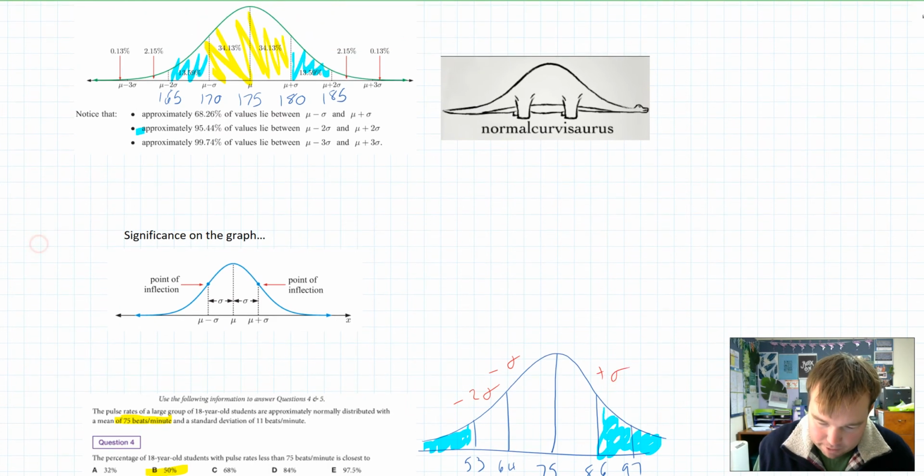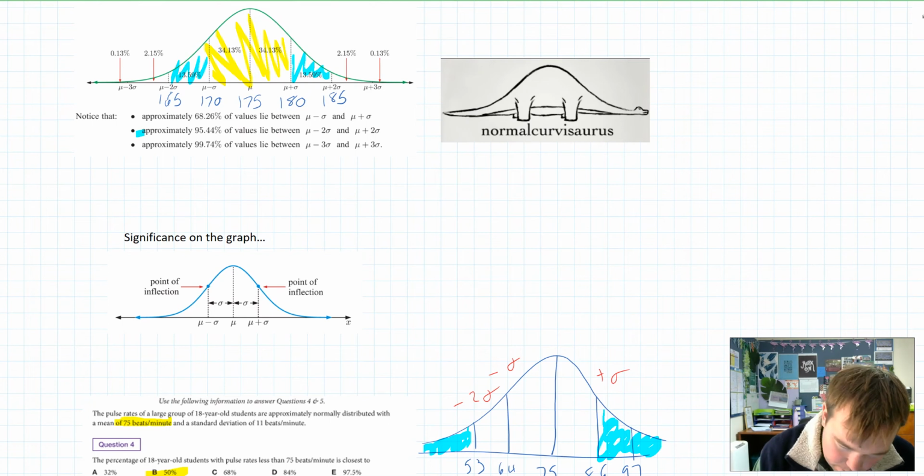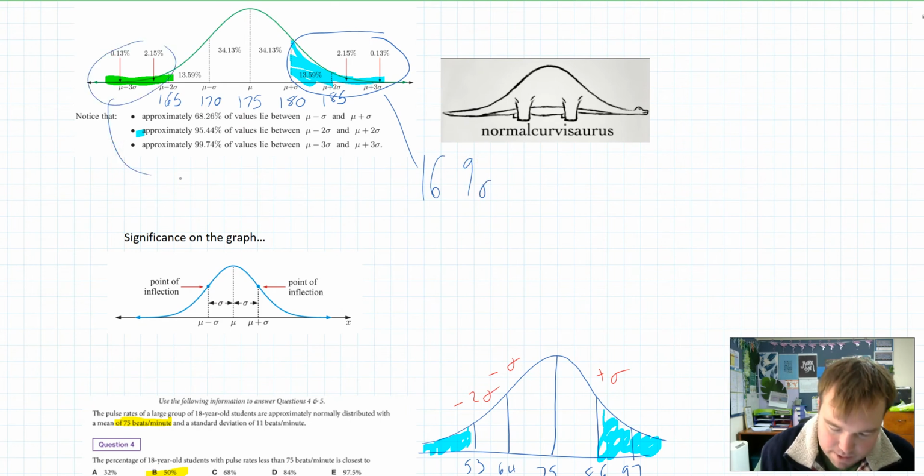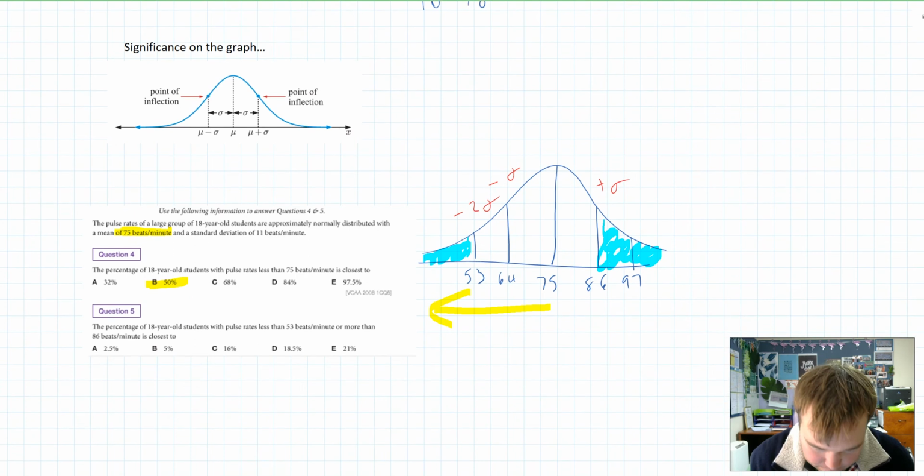So from 1 above up is there. And 2 down is here. This adds to about 16%. And this adds to about 2.5%. So we're looking for about 18.5% here.